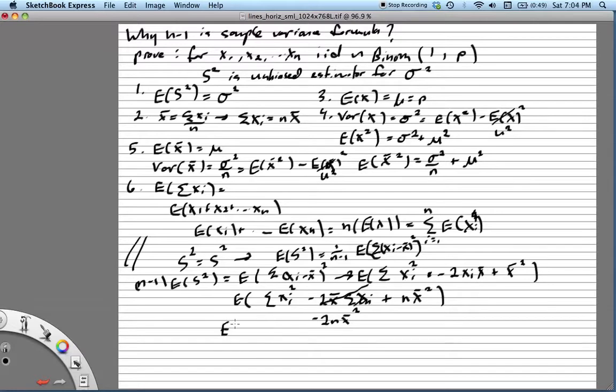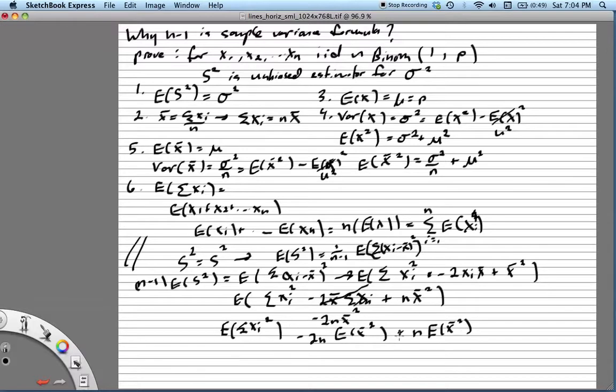So we get the expected value of the sum of the xi squared minus, 2n is a constant, it comes out, expected value of x bar squared, plus n expected value of x bar squared.